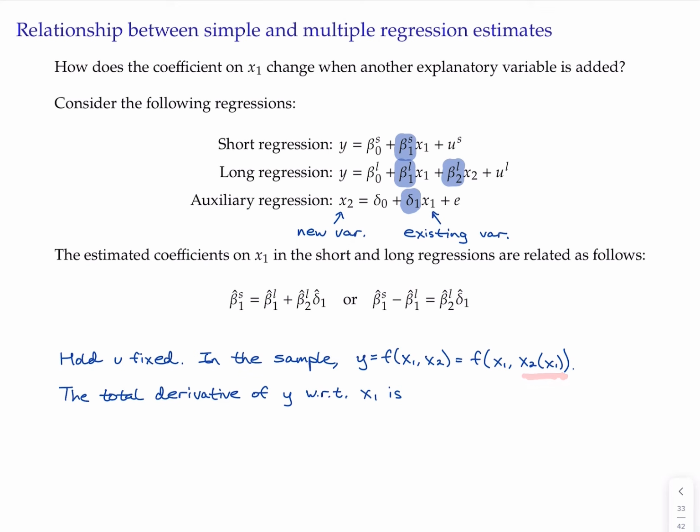There might be some correlation between the two. So let's write out the total derivative of y, the outcome variable, with respect to x1. The total derivative is this. There's a partial effect of x1 on y. And then there's a relationship between x1 and y that runs through x2.